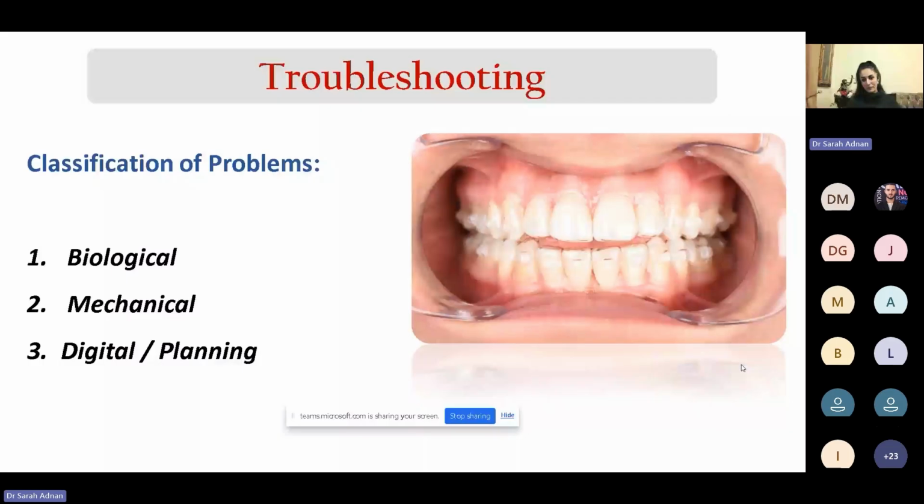Therefore, aligner problems in general include biological problems, by which we mean the patient's problems, such as pain, compliance, and so on. Mechanical problems mean aligner and attachment problems. Digital and planning problems with clear aligners mean technology errors, software errors. We will address it soon.